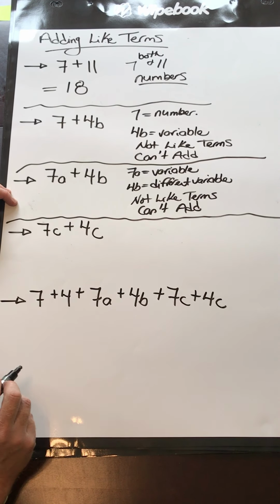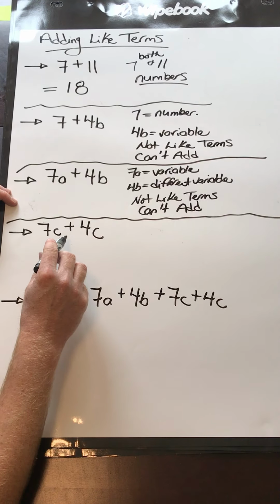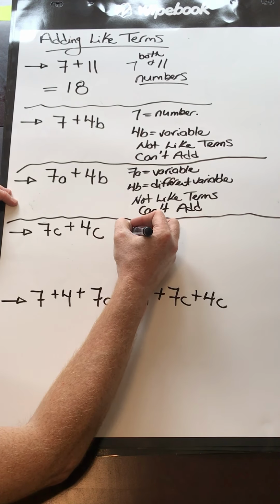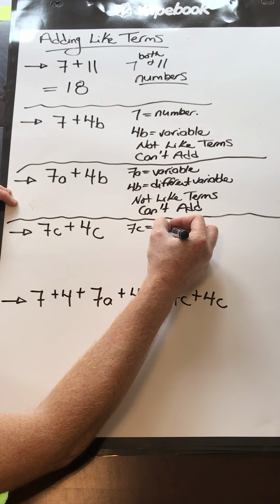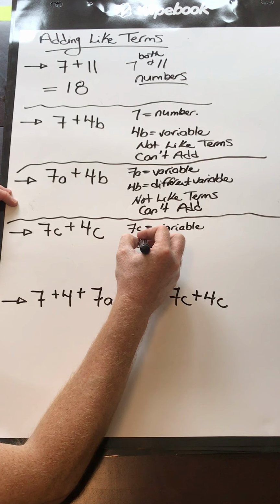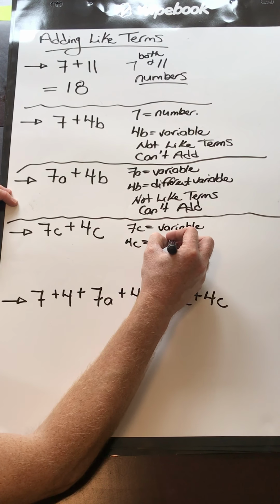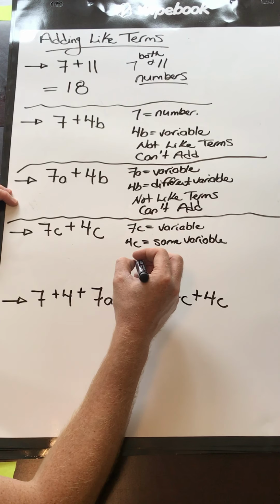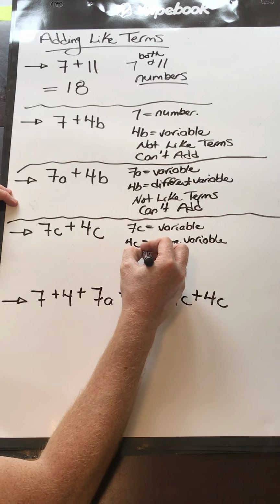Okay, our next example, we have 7c plus 4c. Well, 7c is a variable, and 4c is the same variable. So we have like terms.